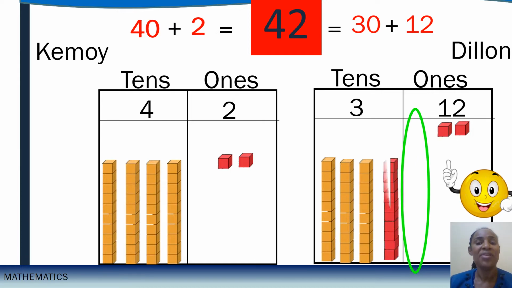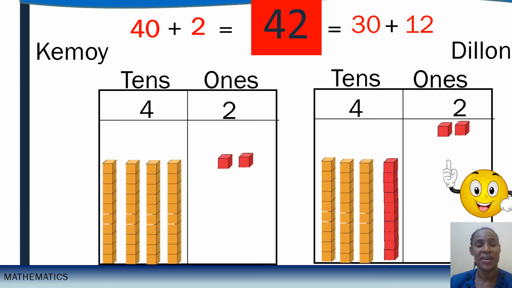Now we have 1, 2, 3, 4 longs, giving us 4 tens. And what is the value of 4 tens? Amazing, you said 40. And here we have 2 units remaining.